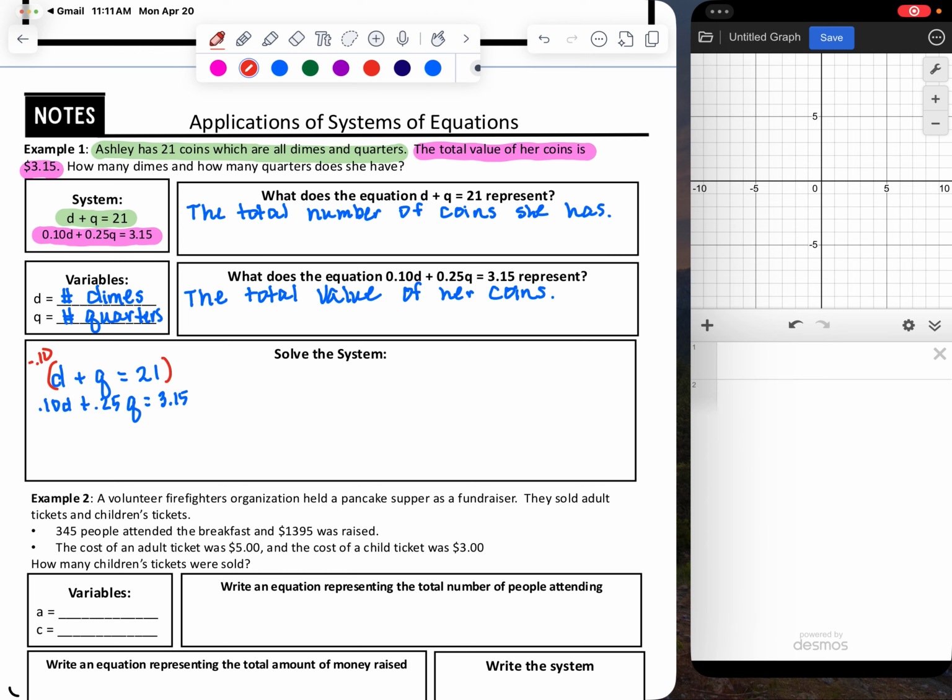Now remember, you have to multiply everything in that equation by negative 0.10. So negative 0.10 times D is negative 0.10D. Negative 0.10 times Q is negative 0.10Q. And negative 0.10 times 21 is negative 2.1. Don't do anything to the bottom equation. Leave it just like it is.